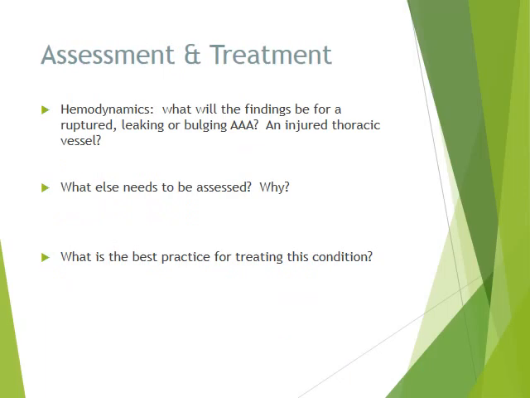Assessment and treatment. So for your hemodynamics, what will the findings be for a ruptured, leaking, or bulging AAA or an injured thoracic vessel? So if you have a ruptured AAA, what will their cardiac output be?